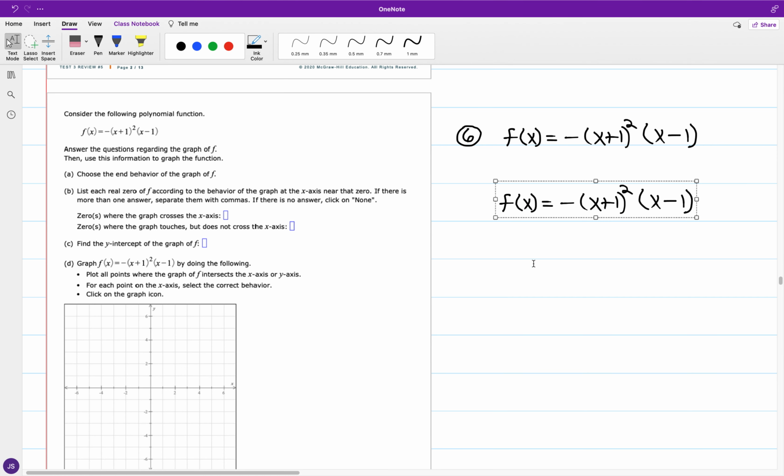Okay, just for visual purposes, for the end behavior, you're looking at the highest degree term that would be formed.